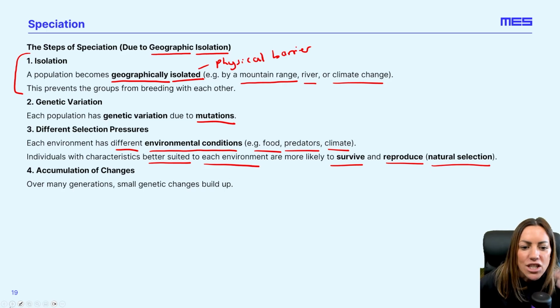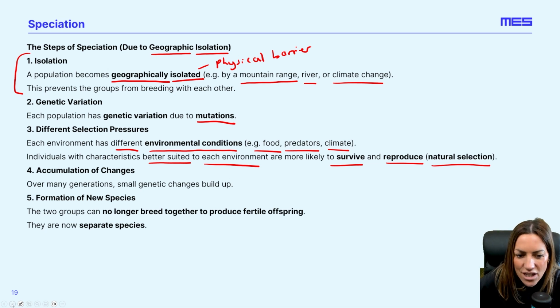Gradually, over many generations, many rounds of reproduction, you'll get an accumulation of changes. So genetic changes and genetic differences build up in the population and genetic variation increases. And eventually, over many, many, many generations, we can form two new species because they would no longer be able to interbreed to create fertile offspring.